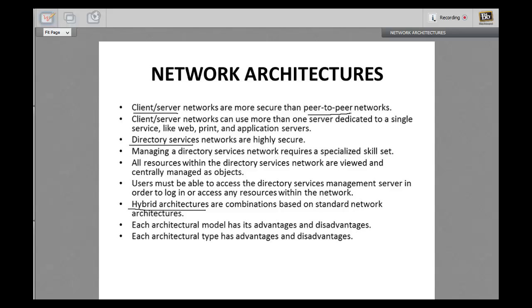So these are all kinds of networks: client-server, peer-to-peer, directory service, hybrid architecture. We should compare between them and know which one is better in which situation.